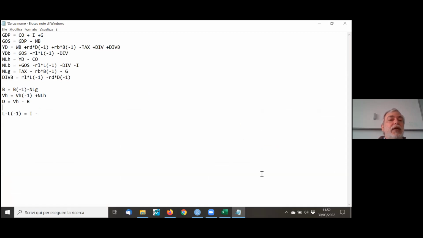And we said that a fraction of this is used for financing investment. And therefore, I think we could write here that this is given by investment less the retained profits, the disposable income of the business.